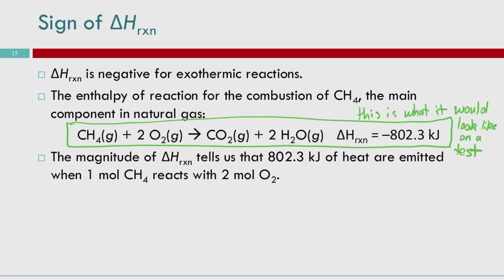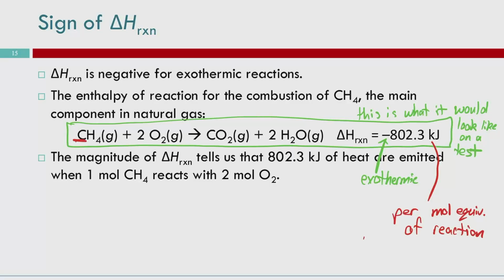In this case, what this is telling us is that it's exothermic, and the amount of heat that's being released is 802.3 kilojoules, a relatively large amount. And this is secretly per mole equivalent, basically, of reactants, or reaction, let's say.